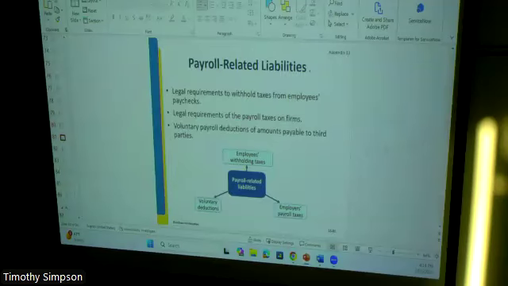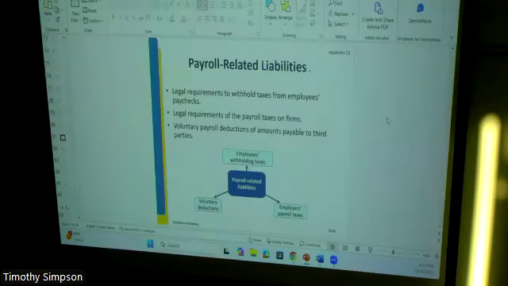Okay, and then I think one final bit here deals with payroll related liabilities, and this is simply dealing with these payroll accounting procedures that have to be done for payroll. We have an entire payroll course that deals with these issues of withholding, things like federal tax and state tax, income tax, Social Security and Medicare, and all these kinds of things that go into it.